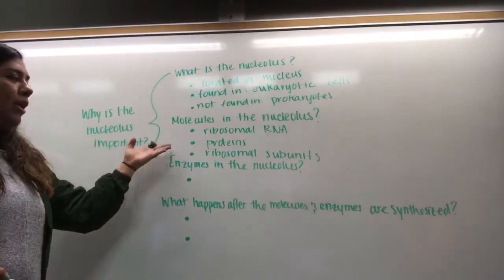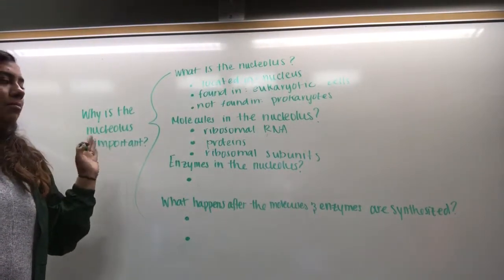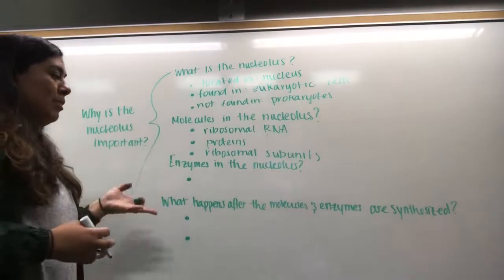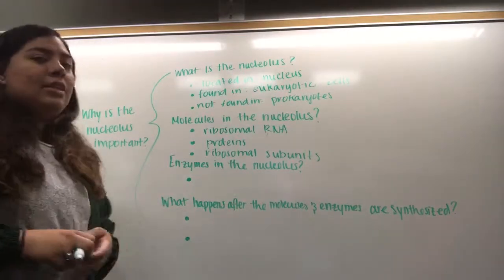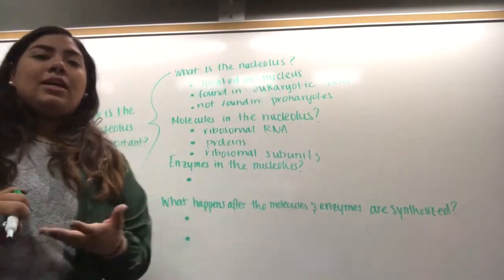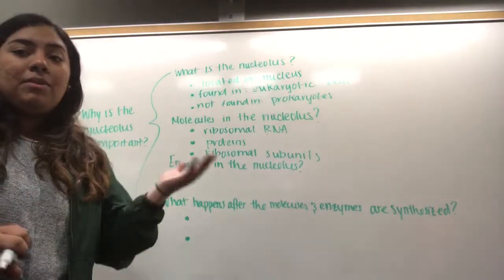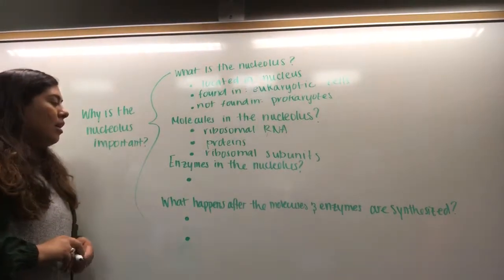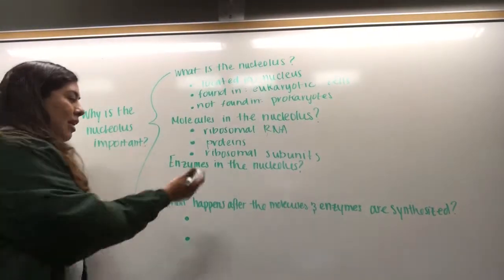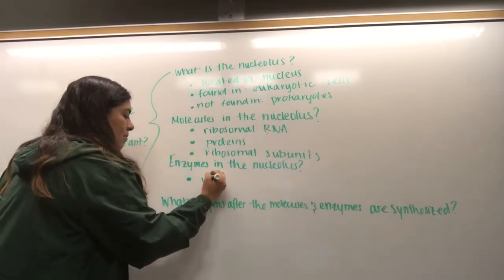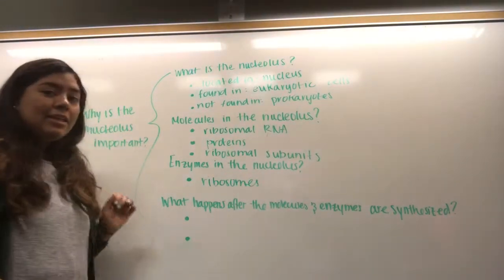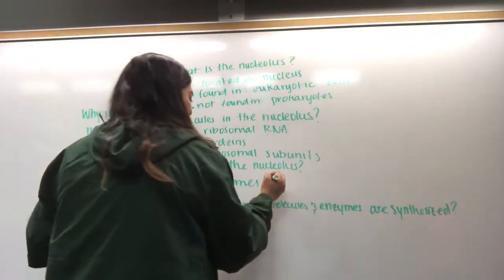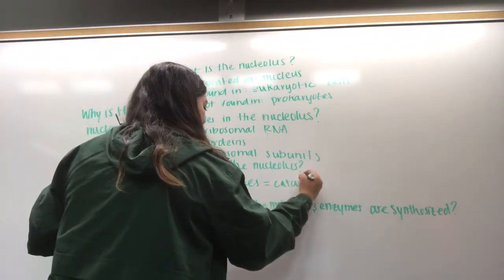Because the ribosomal RNA is combined with the proteins to make these ribosomal subunits. And then they can be exported into the cytoplasm, where the cell can carry out its different functions with these ribosomes. The ribosomes are actually the enzymes in the nucleolus. They act as catalysts to make proteins.